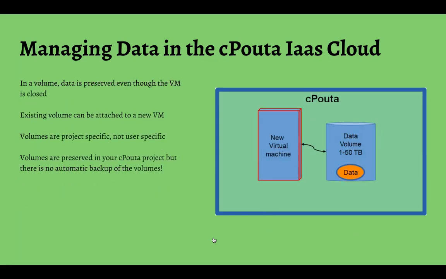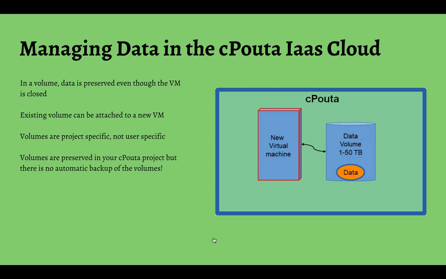What's nice about using data volumes is that they are preserved even if you close the virtual machine which you used to feed data to the volume. Just like the external hard drives at home, you keep the hard drive even if your normal laptop breaks or you switch to a new one.